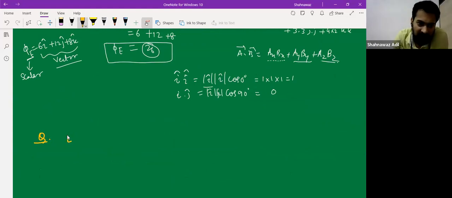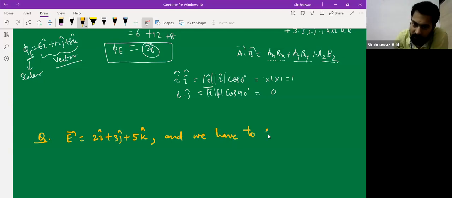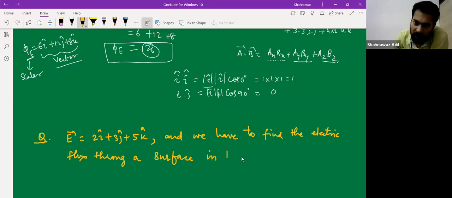Let's say your electric field is 2I plus 3J plus 5K, and we have to find the electric flux through a surface in the XY plane having an area of 2 meter square, right?